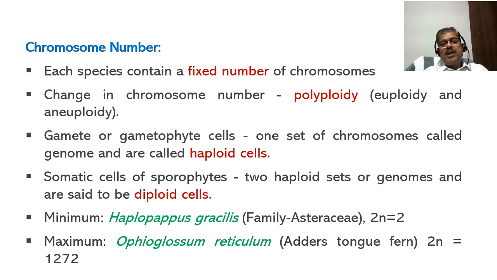They are called diploid cells. Haplopappus gracilis, a member of Asteraceae, shows the minimum number, where 2n is represented by two chromosomes. In a pteridophyte, Ophioglossum reticulatum, we can see the maximum number, where 2n is represented by 1272 chromosomes.